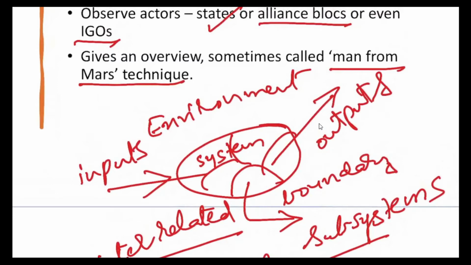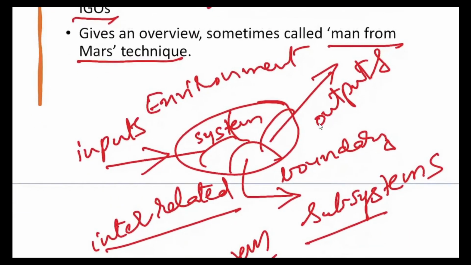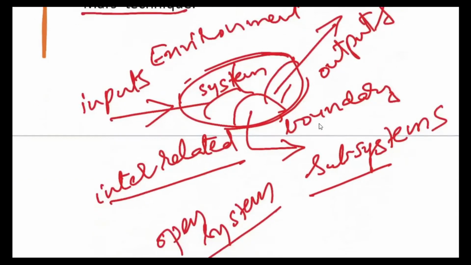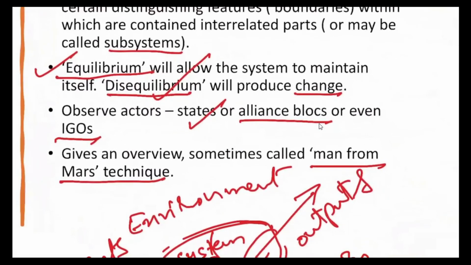The systems approach is called man from Mars because this gives a broader view. If you are studying a subsystem, then it gives us a broader view of the subsystem. If you are studying a system, a broader view of the system. So this in general is a systems approach. Okay.